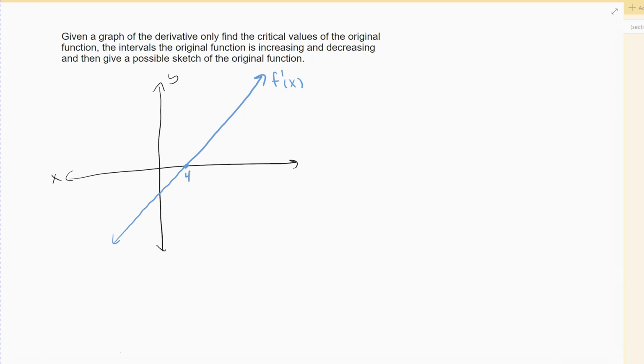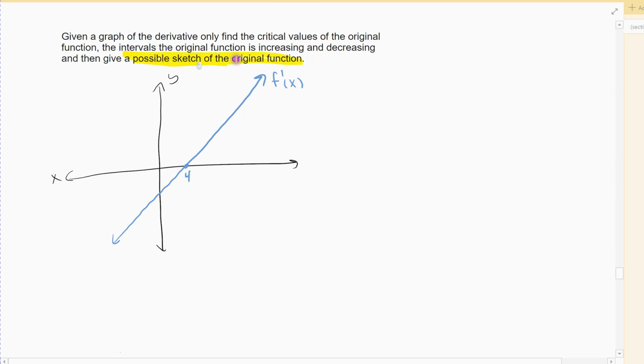When you're given a graph of the derivative, you can find a whole bunch of information about the original function. You can find where it's decreasing, where it has extrema, max, mins, where it has critical points. And then you can get a possible sketch.